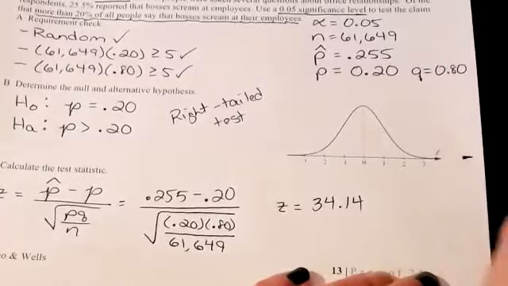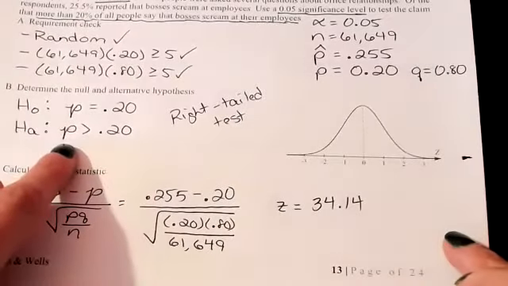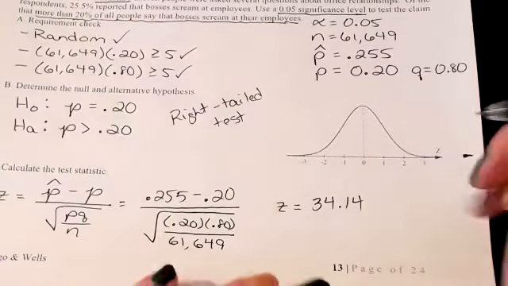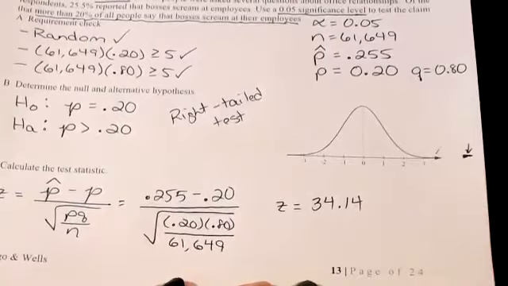So essentially, we want to know the probability that, wow, I can't even talk today. I'm struggling. We want to know the area under the curve that's greater than, or surpasses, a Z-score of 34.14. So we want to know this area here.